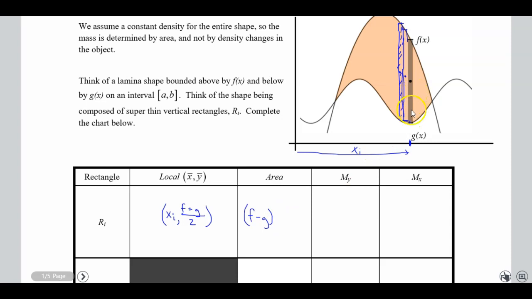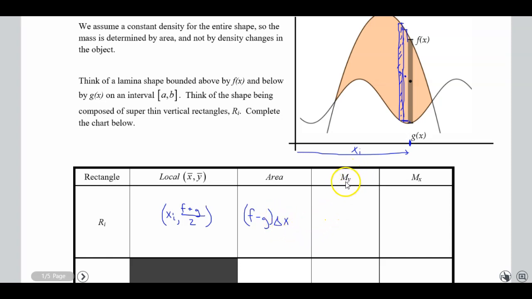And then times the width, which is just this small little change in x. So we'll put times either a delta x, or we're thinking of using these integrals, dx. Actually, I might change that back to delta x real quick. I'll use delta x until we take the limit, and then we'll put in the dx.